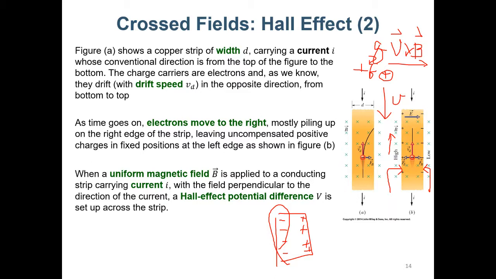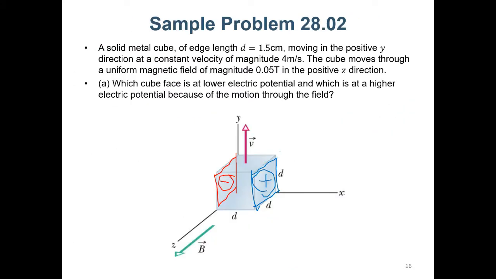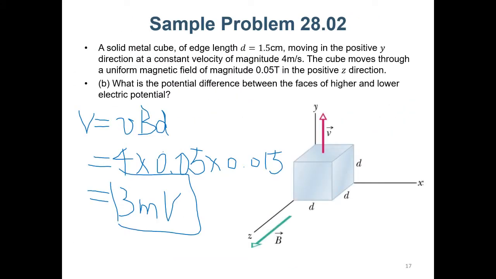But if the moving particles are positively charged, it will be opposite. So this experiment tells you that it cannot be a positive charge going downward. That's what I forgot to mention in the last lecture.